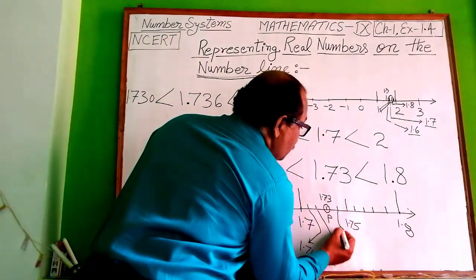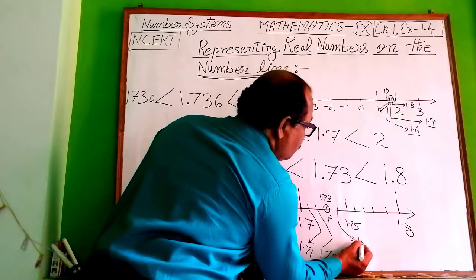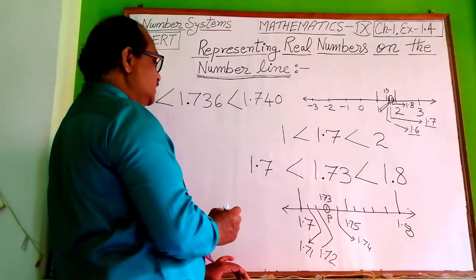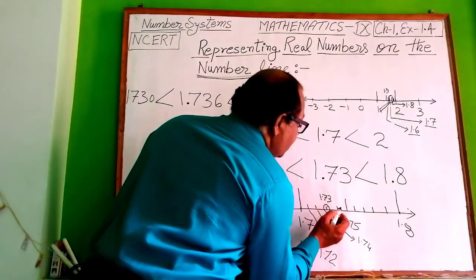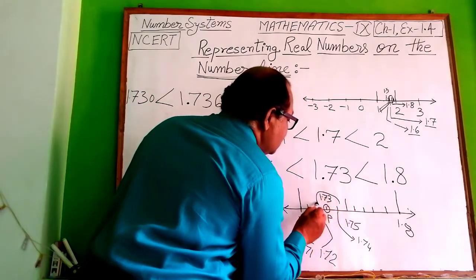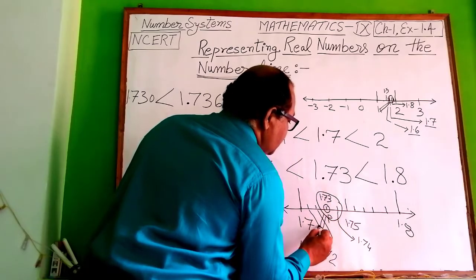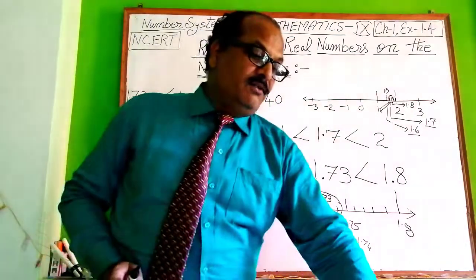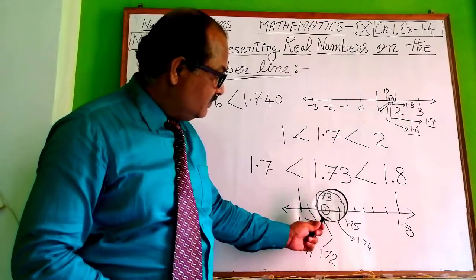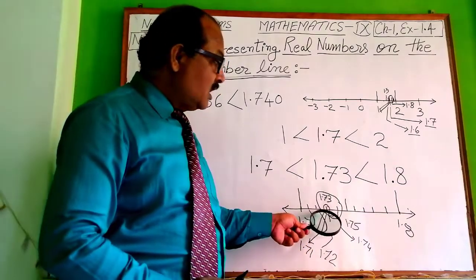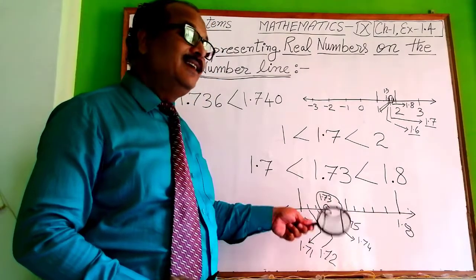You can see this point will locate the 1.74. So which 2 points we will magnify? We will select these 2 points for magnification. We will use our magnifying glass and we zoom it like this. So now we will represent its next step.